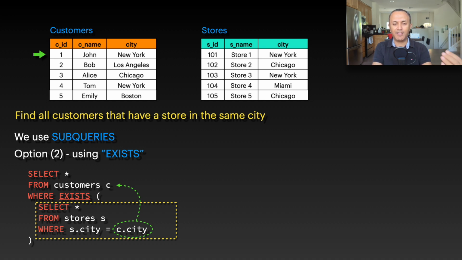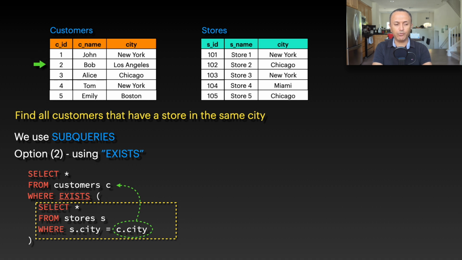Exists basically means that you want to see if that subquery returns a non-empty result or an empty result. If it's a non-empty result, then exists is true. If it's an empty result, then exists is false. So in this case, for New York, the subquery returns some results, so exists is true. So then this row, John and New York, is part of the output.